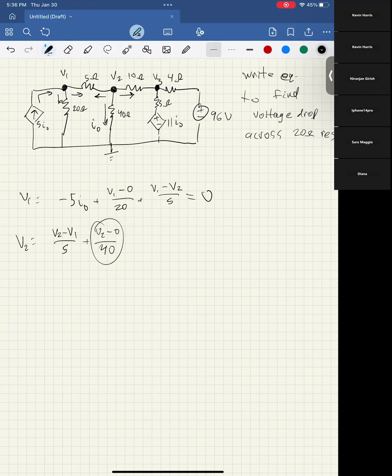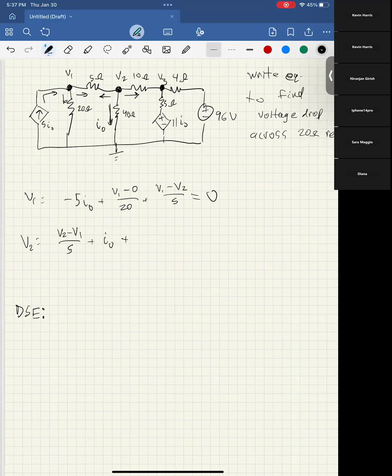I'll leave it like that for now to keep consistent, but both will work out, because I'll do the dependent source equation on the side real quick. The dependent source equation is just defining what I0 is. I'll say plus I0, because we've defined I0 as going down out of the node. Things coming out of a node are positive. And then plus V2 minus V3 over 10 equals 0.